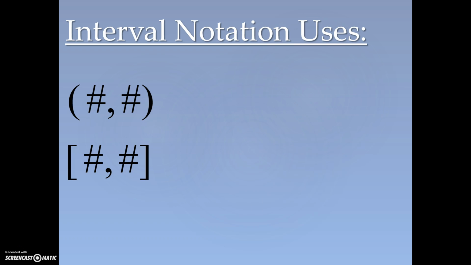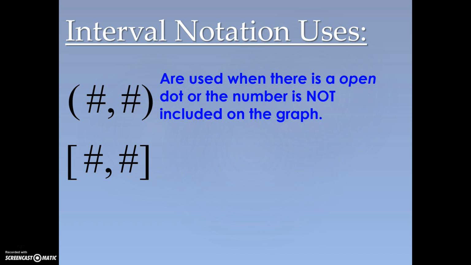Now when we use interval notation, when we have a continuous graph, we're going to use parentheses or brackets, and it's going to look similar to an ordered pair, but it is different. You use the parentheses when there is an open dot or the number is not included on the graph. And we're going to go through some examples to make sure you understand that.